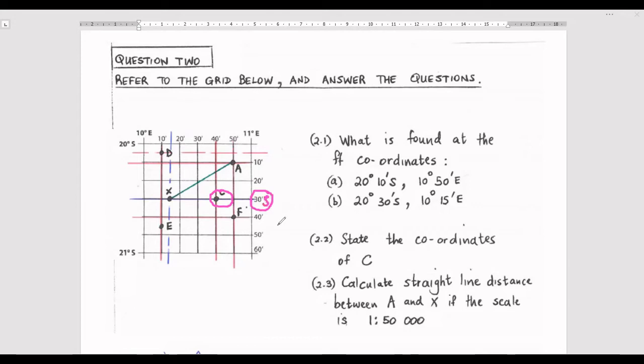We're going to find its degree value, so we move up here and take the degree value all the way from here, which means that point C is 20 degrees and 30 minutes south.